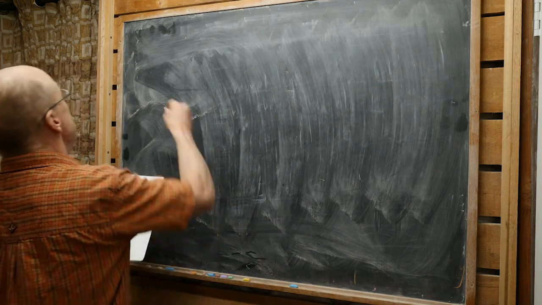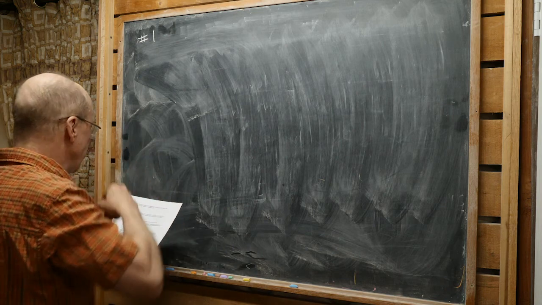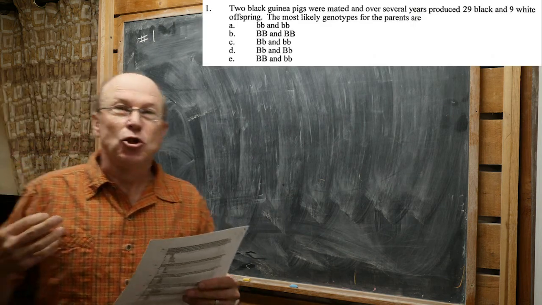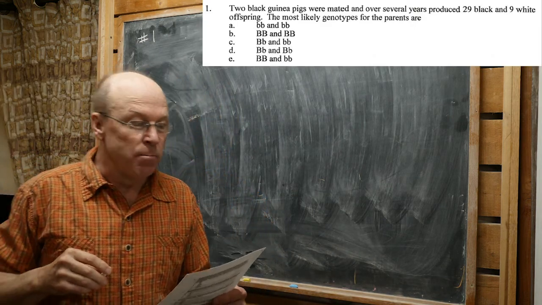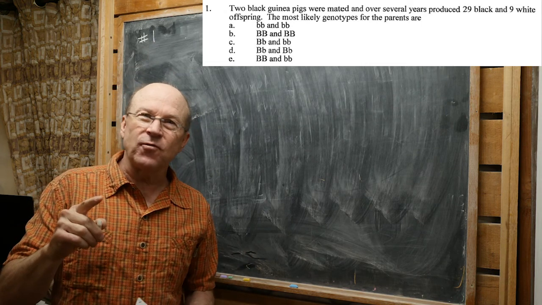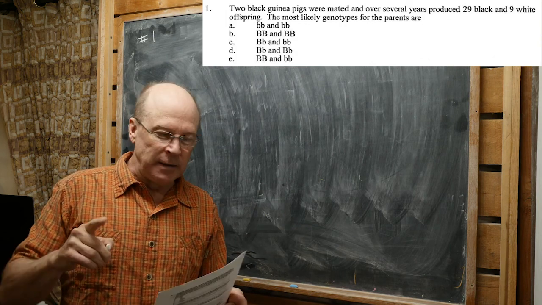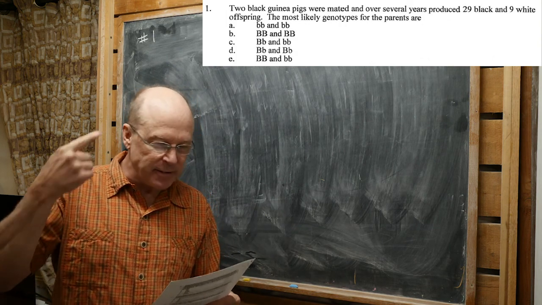The number one of the problem set is stated as: two black guinea pigs were mated over several years. That's the first little part of that sentence we want to process in our brain.